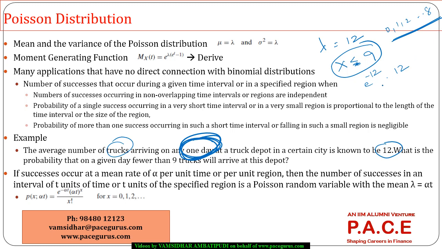So e power minus lambda power 0 by 0 factorial plus e power minus lambda power 1 by 1 factorial, and so on up to e power minus lambda power 8 by 8 factorial. So this is what is going to give me the probability that on a given day fewer than 9 trucks will arrive at the depot.